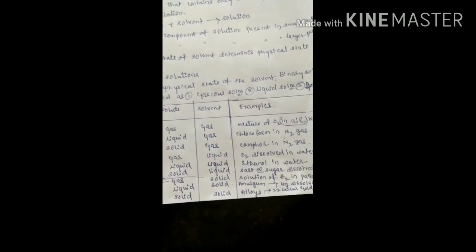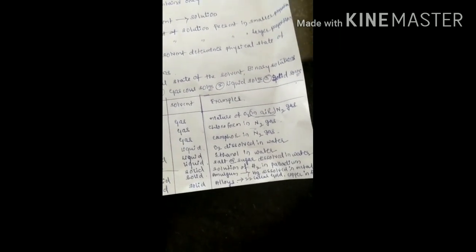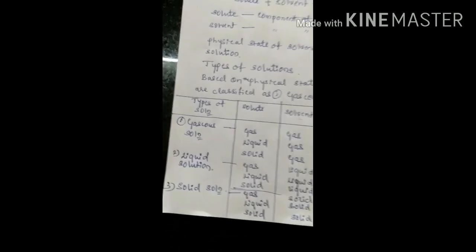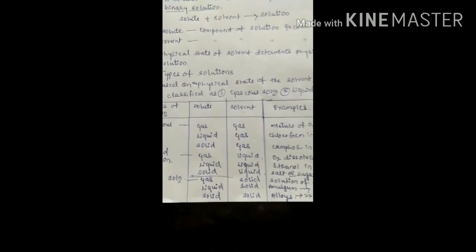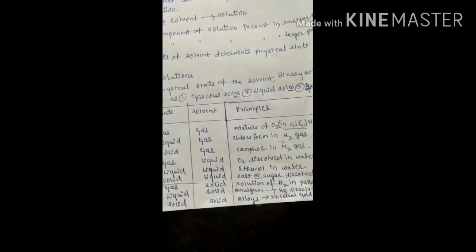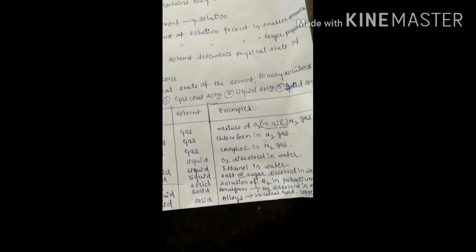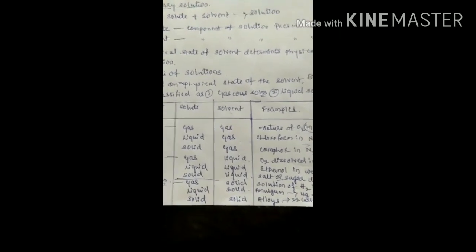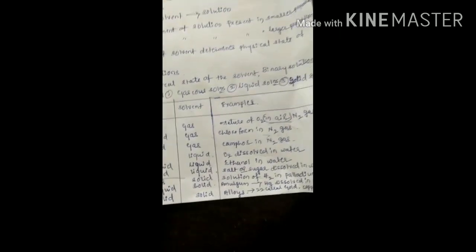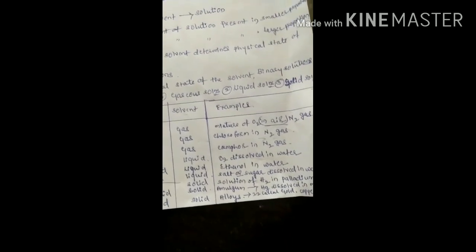The example is a mixture of gases in air, or oxygen in nitrogen gas. Solute is liquid, solvent is gas. The example is chloroform in nitrogen gas. Solute solid, solvent gas. Example: camphor in nitrogen gas.